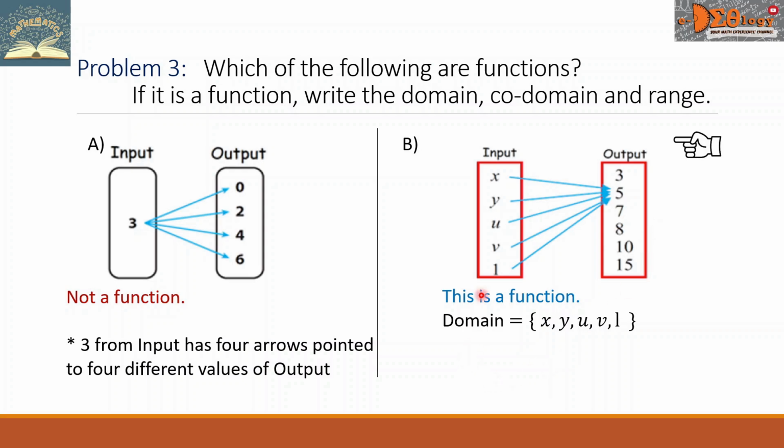So for the domain, we have x, y, u, v, l. For the codomain, we write all the elements of the output group: 3, 5, 7, 8, 10, 15. For the range, the number 5. Only the number 5 has an arrow or arrows that are pointed into it.